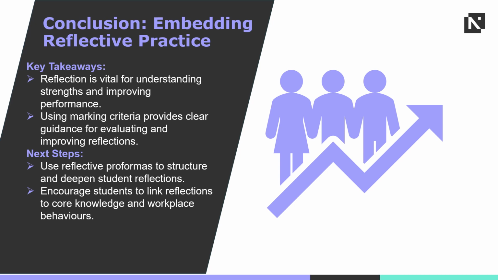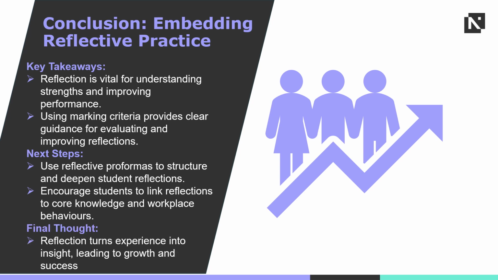These tools help students structure their reflections and achieve greater depth in their analysis. Encourage connections. Help students link the reflection to core knowledge and workplace behaviours, making their learning more meaningful and applicable. Reflection transforms experience into insight, enabling students to grow, improve, and achieve success. It is not just a process, but a pathway to becoming more self-aware and effective in their actions.